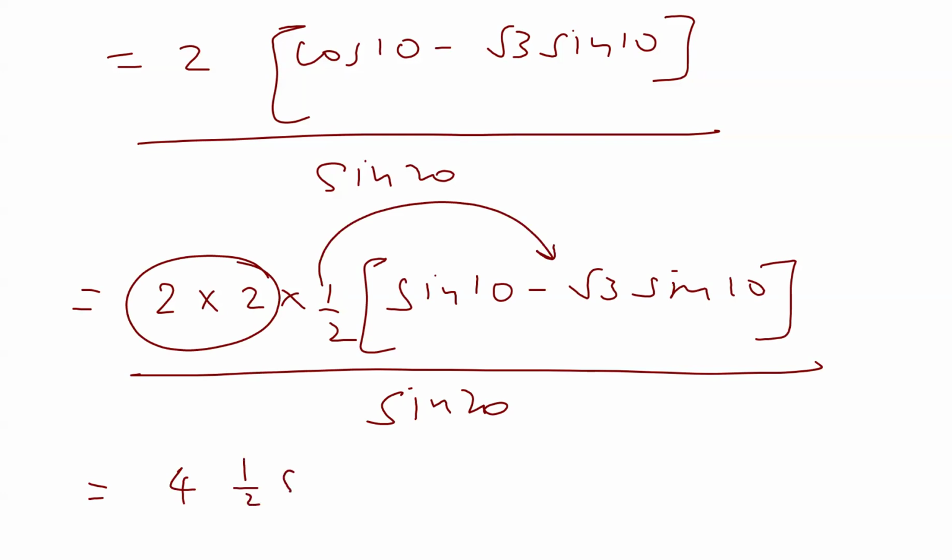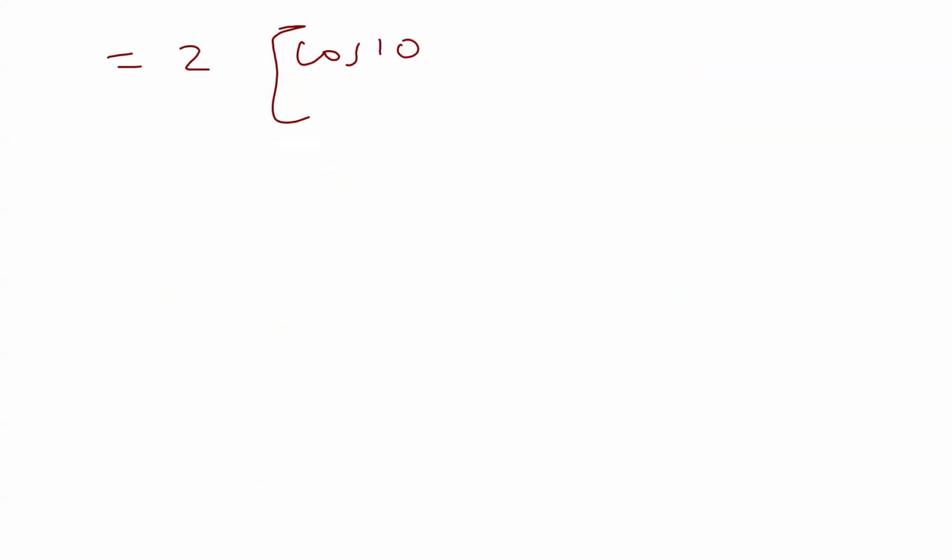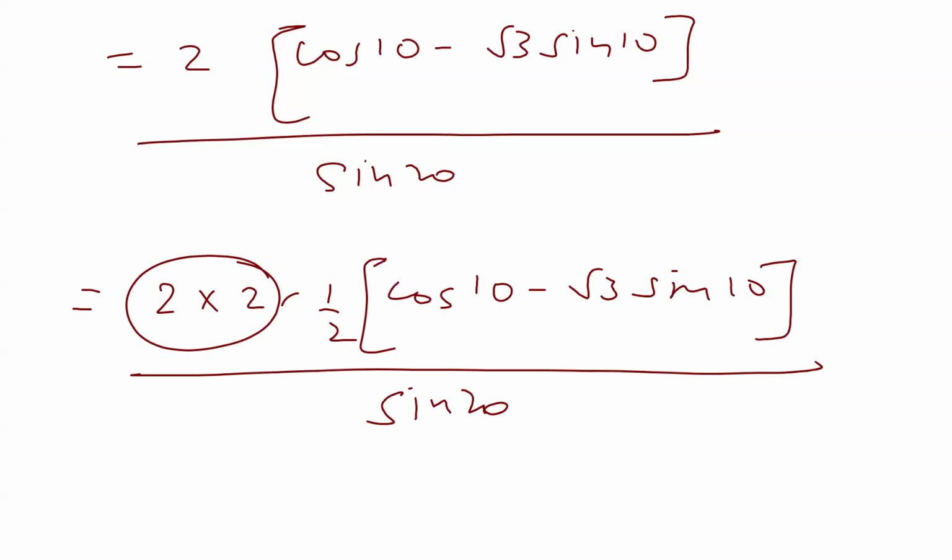So half cos 10 minus root 3 by 2 sin 10. Okay, so I'll just multiply this half within the bracket.